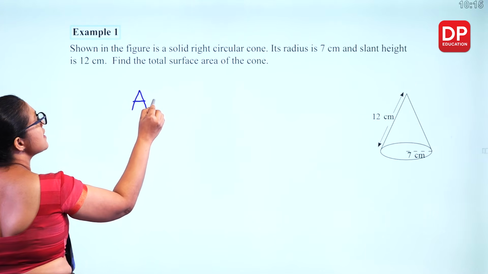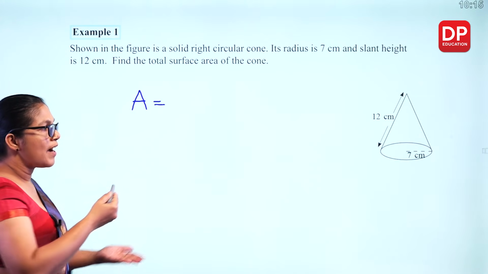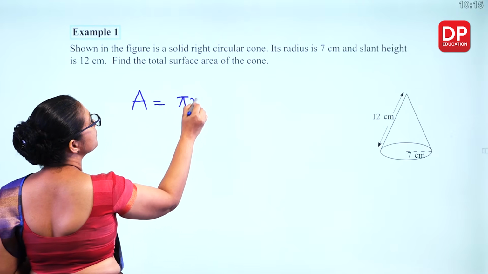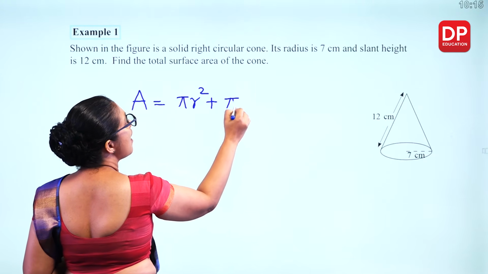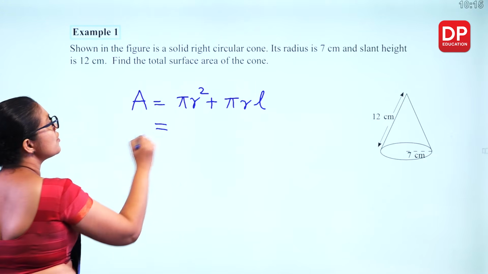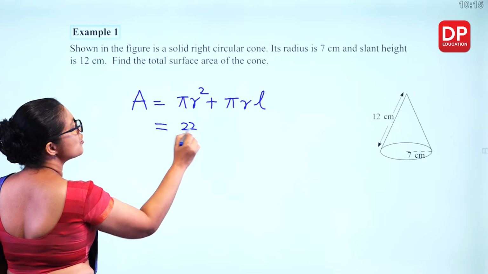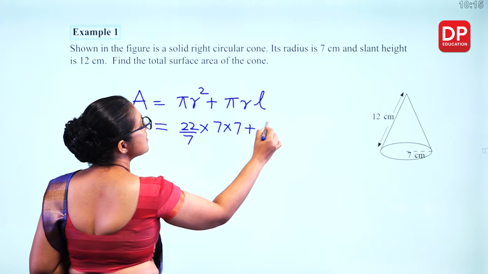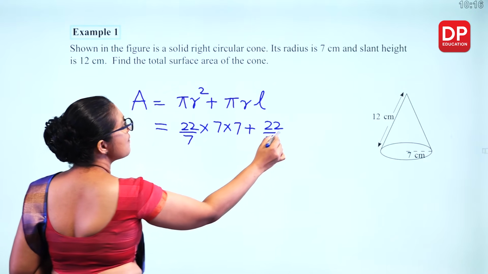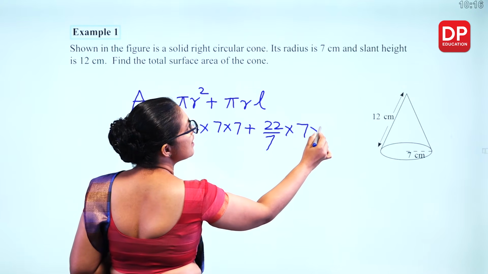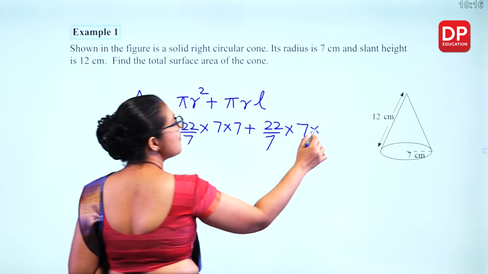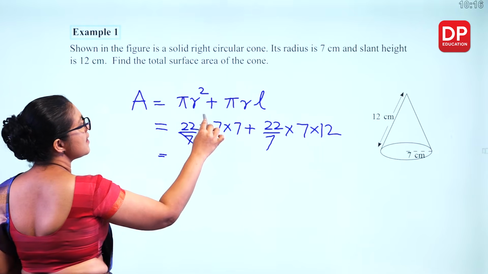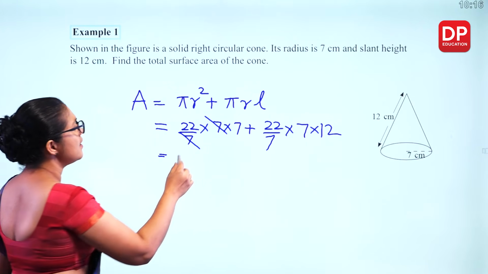You need to find out the base area, that's pi r squared plus pi r L. So substitute the values. Pi we can take as 22/7, r as 7, plus pi again 22/7, r is 7 and L is given 12.